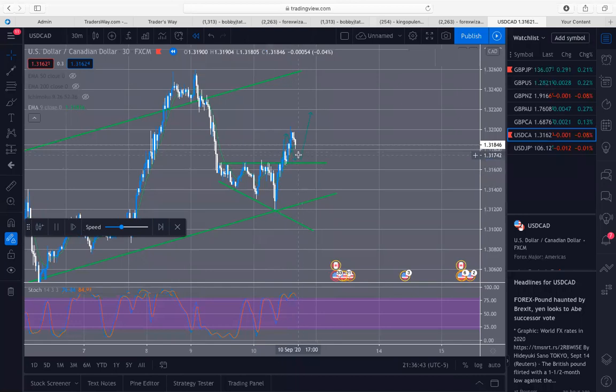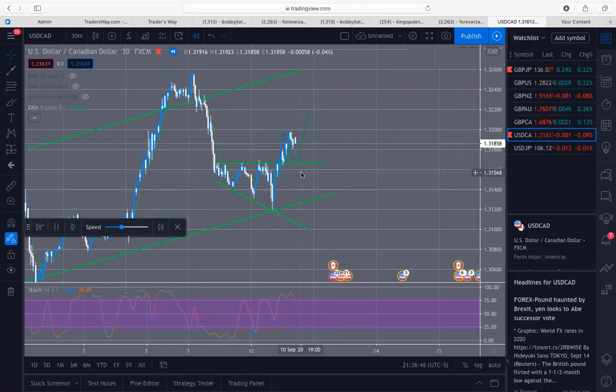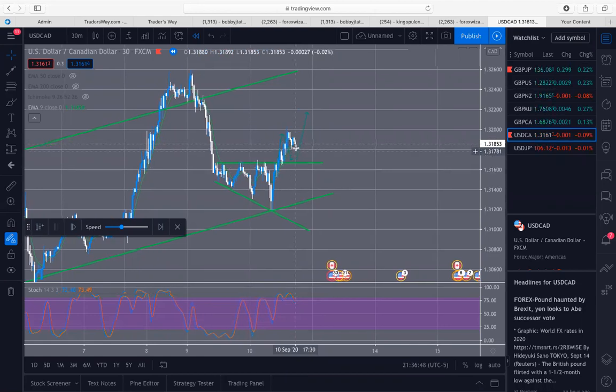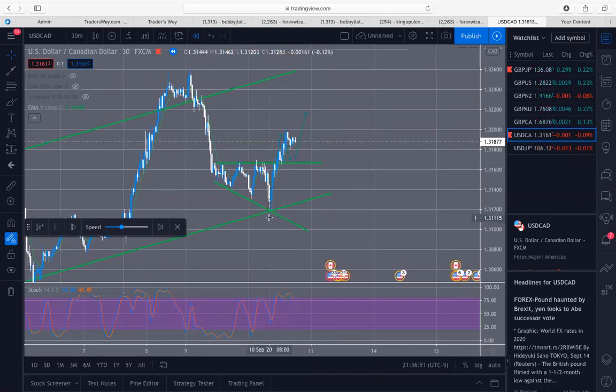And then look at it now. Almost pretty much the exact same area. It's starting to turn around a little bit.